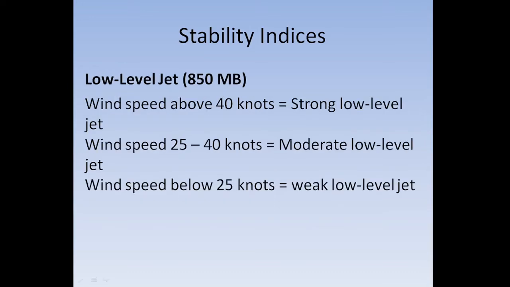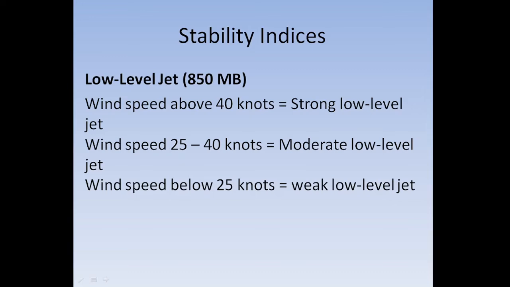And low level jet, you definitely need to know if you have a low level jet. That's going to tell you basically, do you have a strong low level jet, moderate, or weak, because that's going to give you an idea of what your wind shear is on the lower levels. If you got a low level jet of 40 knots or greater at 850 millibars, you have a strong low level jet.